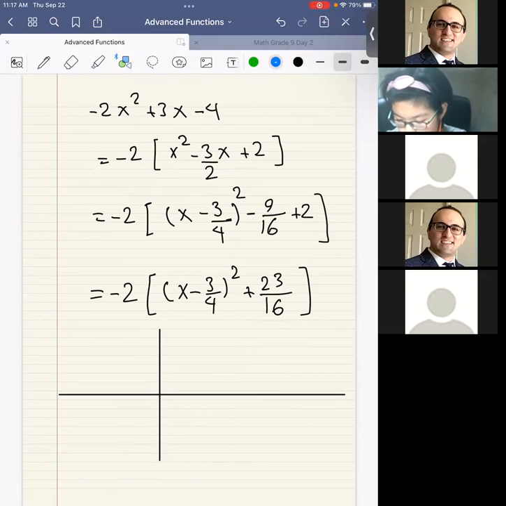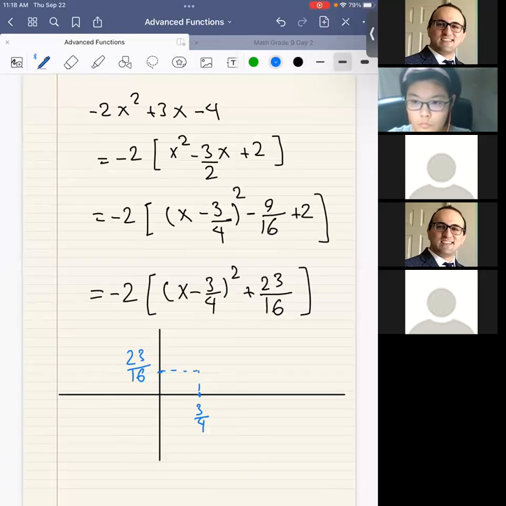Imagine this is the point 3 over 4, and you have another point, 23 over 16, and that is the vertex, right?